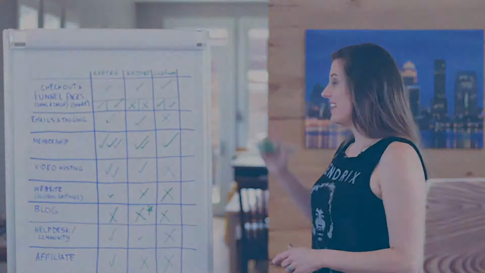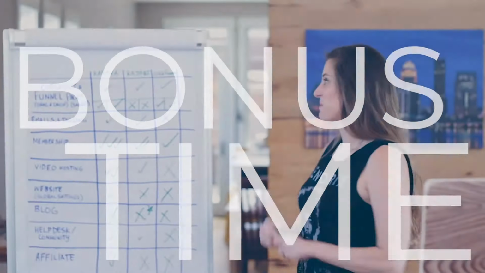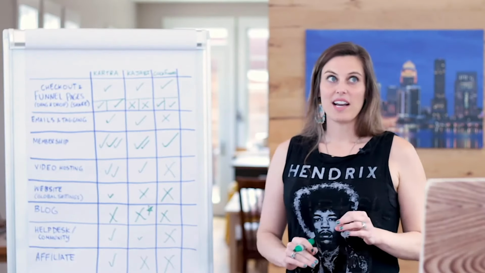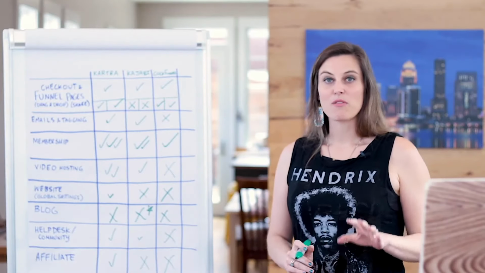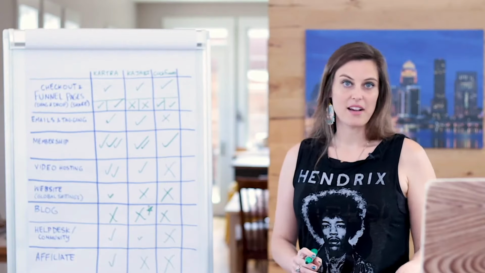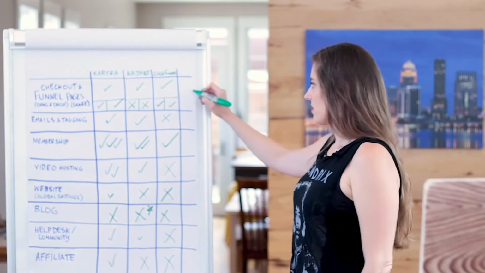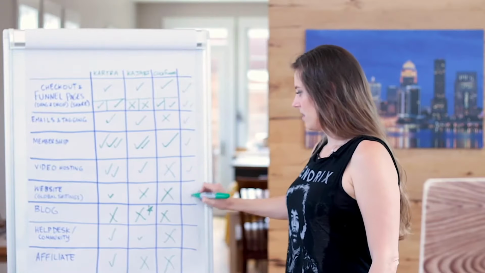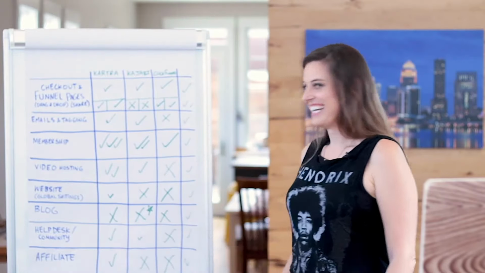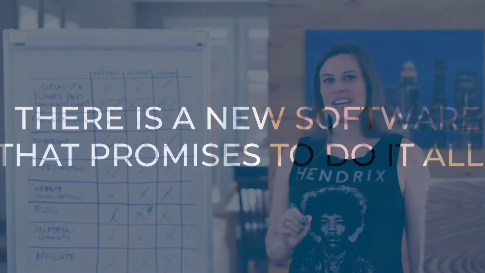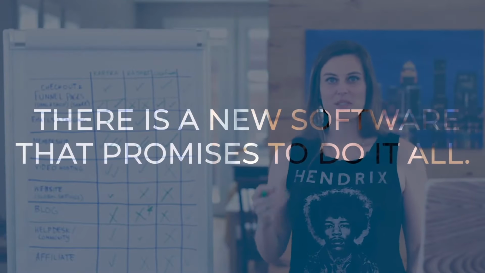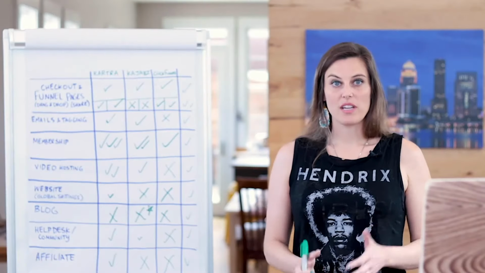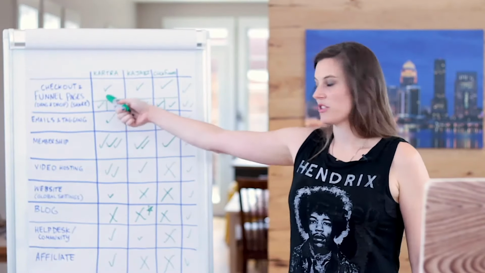All right, guys, this is the part where I'm getting really jazzed about this. And this is brand new. I am not going to pretend that I know for sure this is going to be the most amazing thing in the world, but there is a software out there that is doing all of this, okay? But they are in beta right now. So as of recording this, the software company is underway, and it's created by the same creators of Kartra.